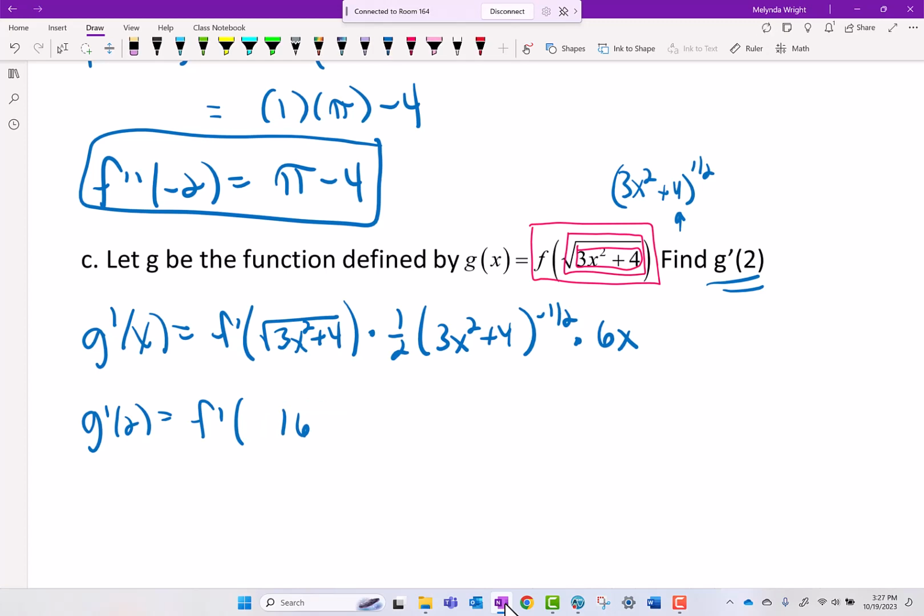That's right, isn't it? You all know my arithmetic is terrible. Okay, thank you. Times 1/2 times, and that's the same thing. Putting the 2 in there, that's going to be 16 to the negative 1/2 times 6 times 2.